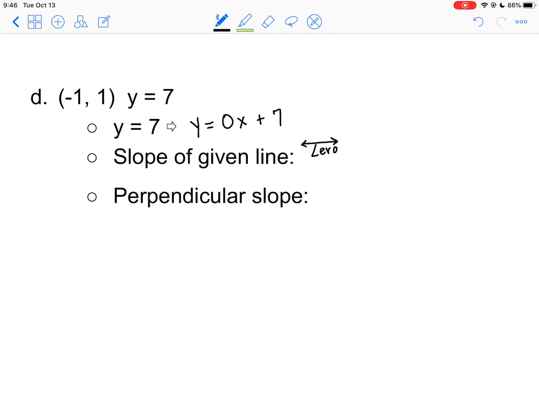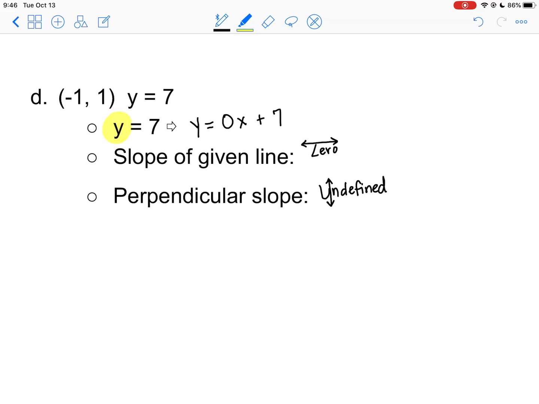And so to be opposite of a 0 slope, if that's the horizontal line, to be perpendicular, you're going to have to be a vertical line. So we are going to have an undefined slope for our perpendicular line. Let's look at what we have here as our equation of our original line.